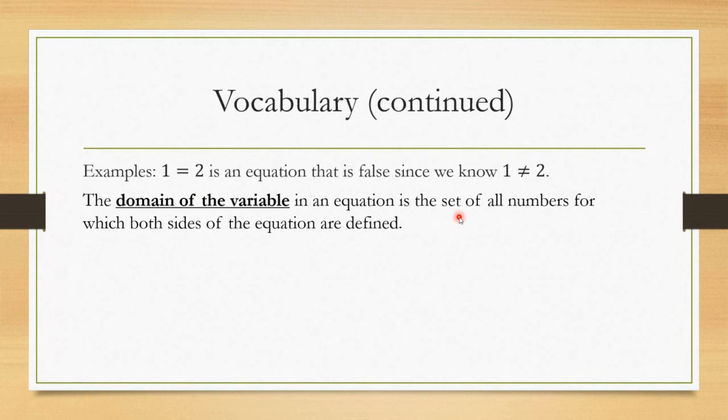It's just for the purposes of this course, I really don't think it's appropriate. But when you see the word set, you could just think, oh, a collection of, or a group of if you want. So that's what the domain of the variable is. Again, it's the collection of all numbers for which both sides of the equation are defined.